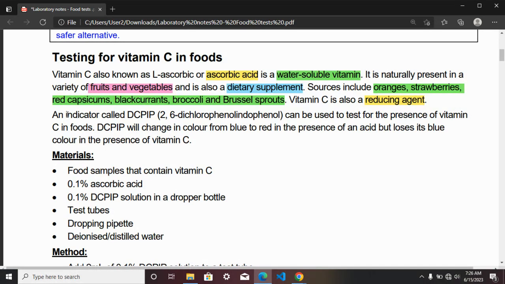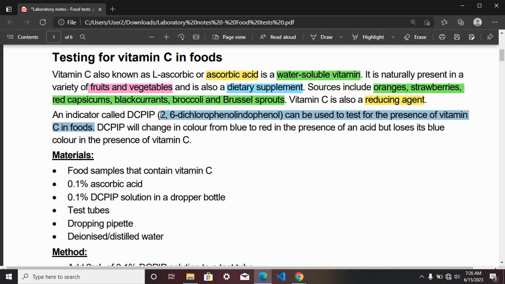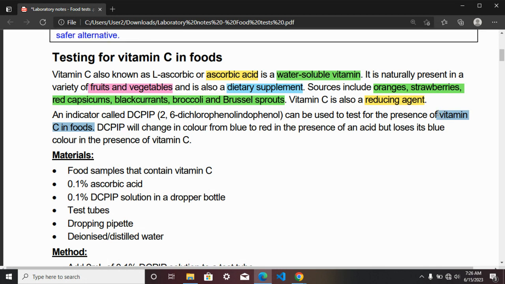So we have an indicator called DCPIP, 2,6-dichlorophenolindophenol. DCPIP can be used to test for the presence of vitamin C. It means you will be adding the DCPIP to some solution where you think vitamin C is present, and you wait for the observation.